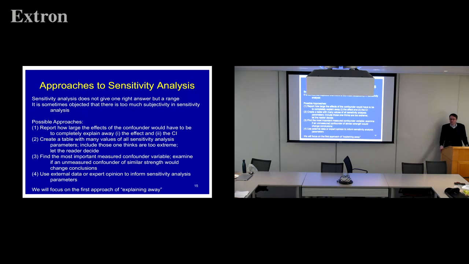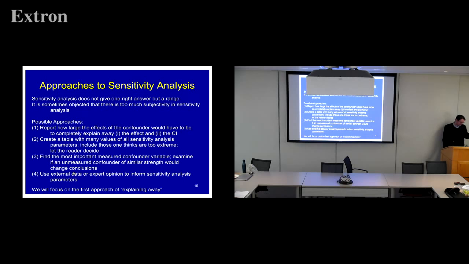And that can sometimes be a fairly persuasive argument. How persuasive, of course, depends on how good the initial set of measured confounders really was. If we've controlled for everything under the sun, it might be quite convincing. If we've only controlled for one or two covariates, it might not be convincing at all. But in certain contexts, I think that approach can be quite helpful.